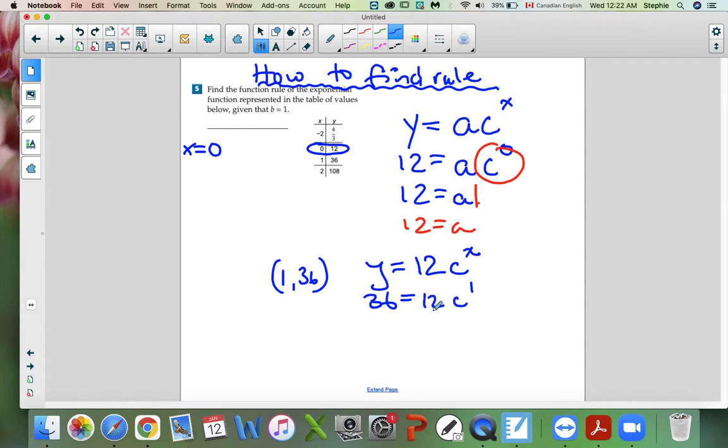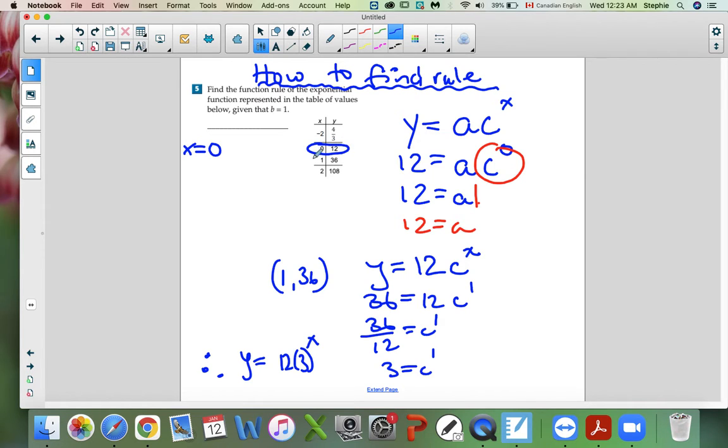Well, you need to get rid of the 12. 36 divided by 12 is equal to c to the power of 1, and that makes 3. And now I know that my equation is therefore y is equal to 12, 3 to the x. Now this is given that we already knew what happened when the exponent was 0.